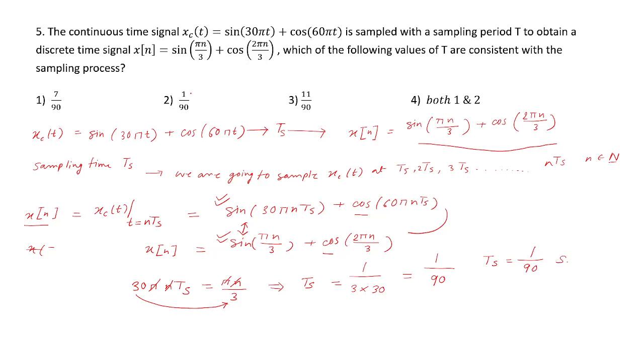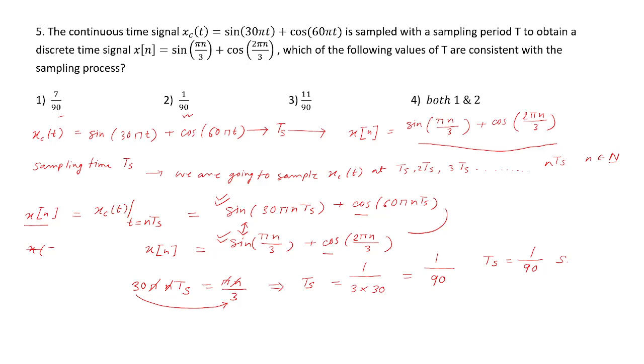So we can see that this is an answer, but we cannot stop here. See the options, there are 3 options, and there is another option that says that 1 or 2 may be the answer. So we already know that 1 over 90 is the answer, correct? But we do not know whether it is the only answer.